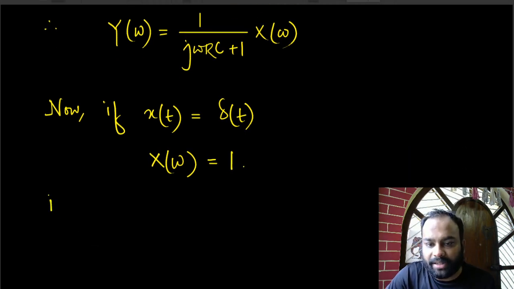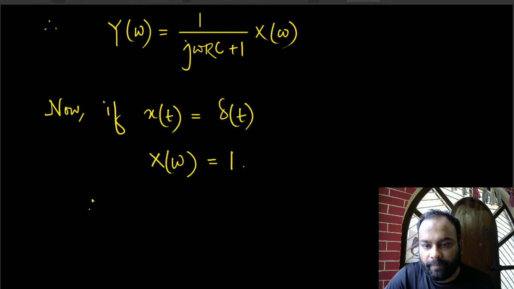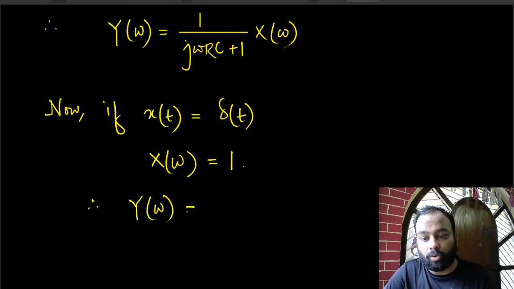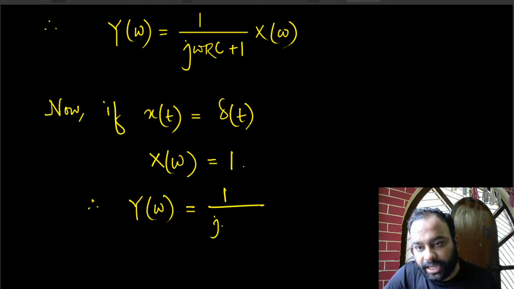Then what is the impulse response? Let's find out. What is the Fourier transform of the output when the input is the unit impulse? Of course, just multiply with 1. So I have 1 by (jωRC plus 1).